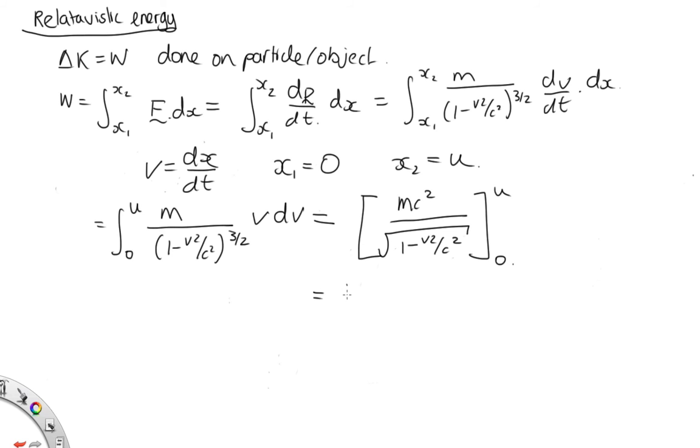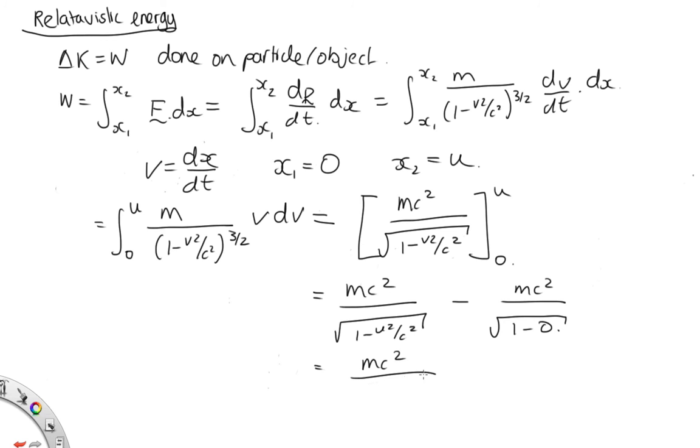So this is equal to mc squared over the square root of 1 minus u squared on c squared, minus mc squared over the square root of 1 minus 0. So this is equal to mc squared over the square root of 1 minus u squared on c squared, minus mc squared. Now, this part here, this is the rest energy.